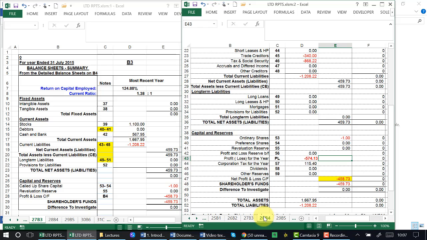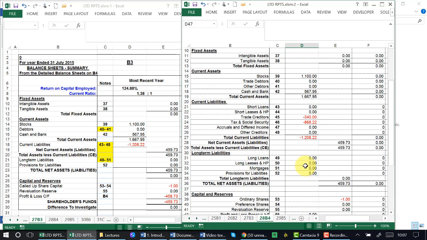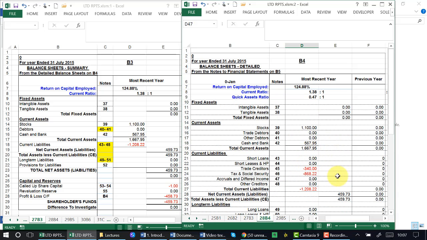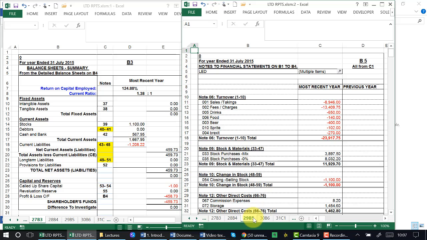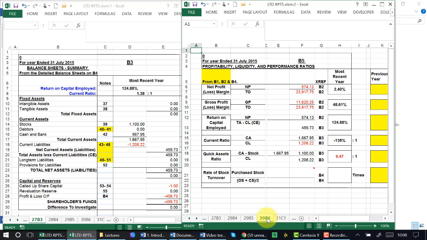That's what it is in ST. So we're going to rename the current B2 and it becomes B4. Now let's see, B5 is the notes to financial statements, and B6, those ratios. Okay, all right.